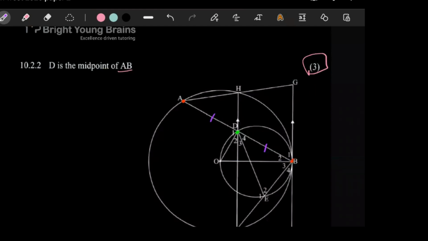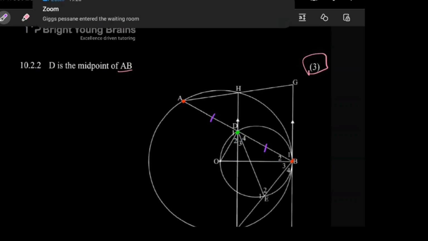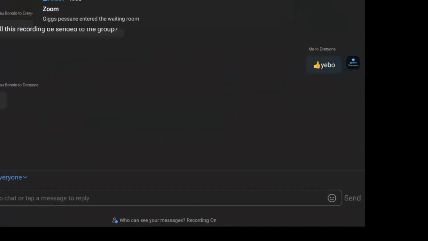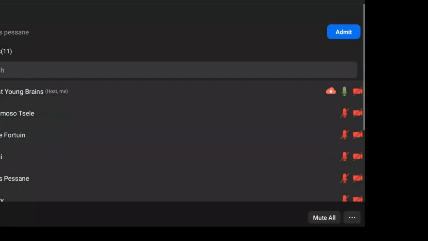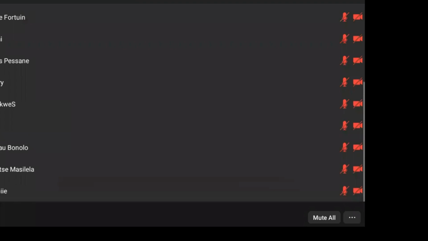On the group, it says angle in semicircle. Let's see. What do we have here? We have this as a 90-degree angle. And what else do we know? I don't know what you mean by angle in semicircle, but I see you said that Leo said something in the group. Let me just add our fellow comrade Hiso, and then we can carry on.